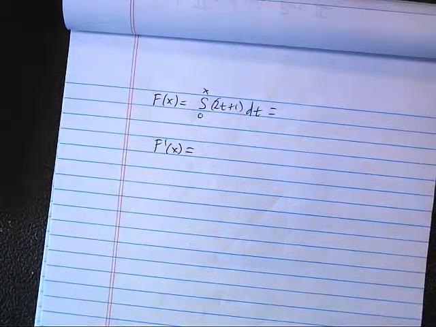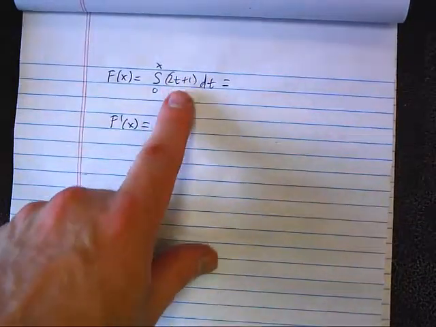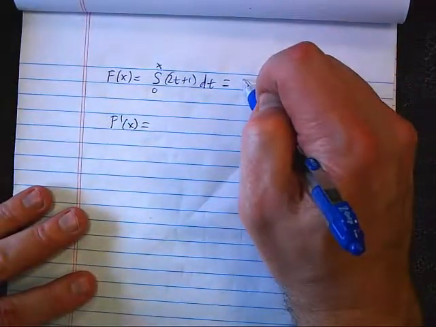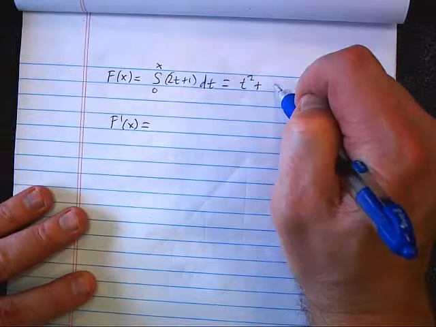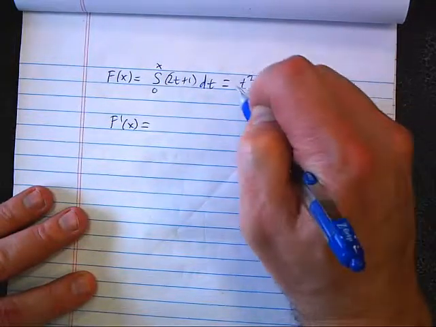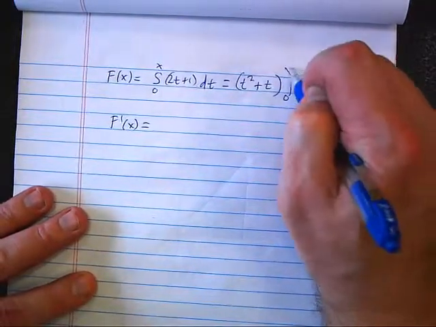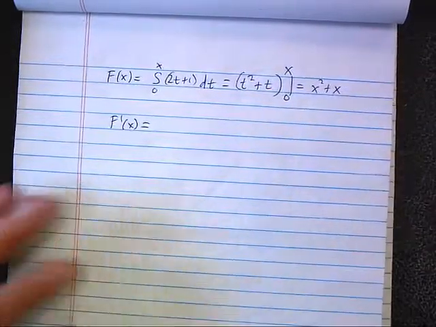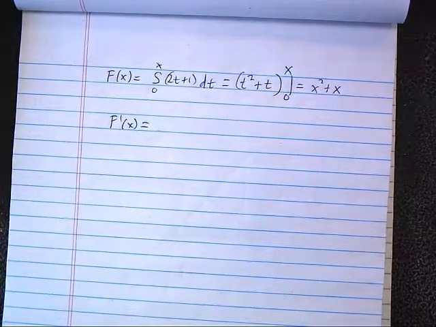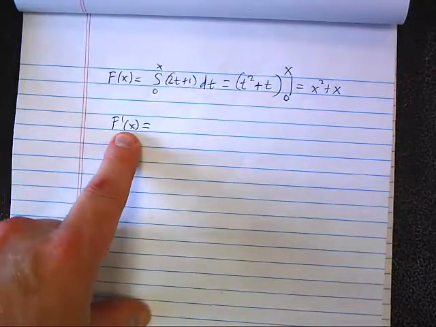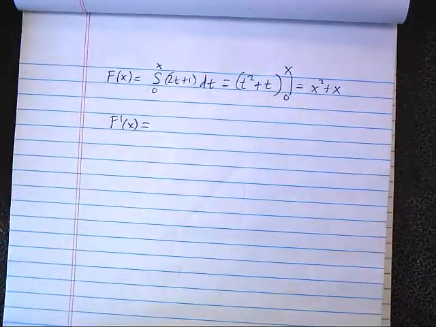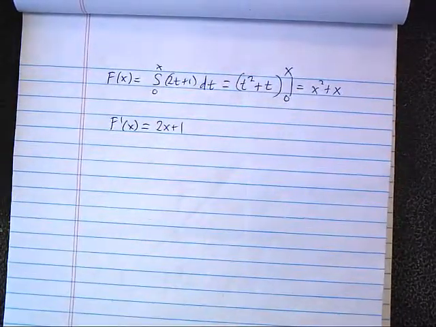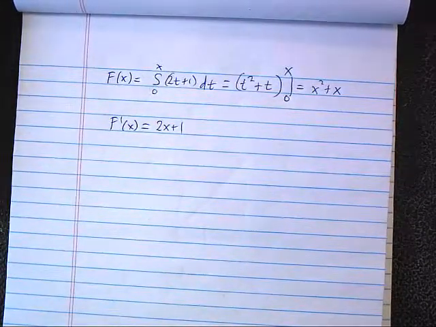A lot of people will do something that's fine. They'll take the antiderivative. What's the antiderivative of 2t plus 1? T squared plus t. Then I have to plug in my numbers, 0 and x. So that's x squared plus x. And then I want to find the derivative of that. What's the derivative of x squared plus x? 2x plus 1. A lot of work to get the right answer, correct?